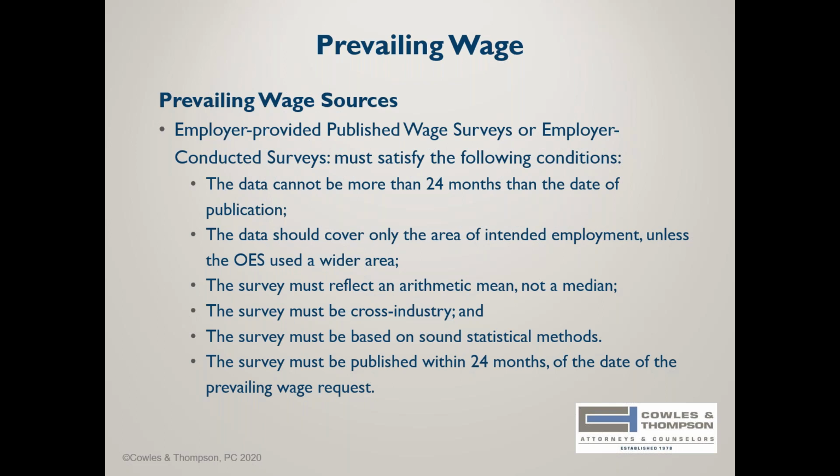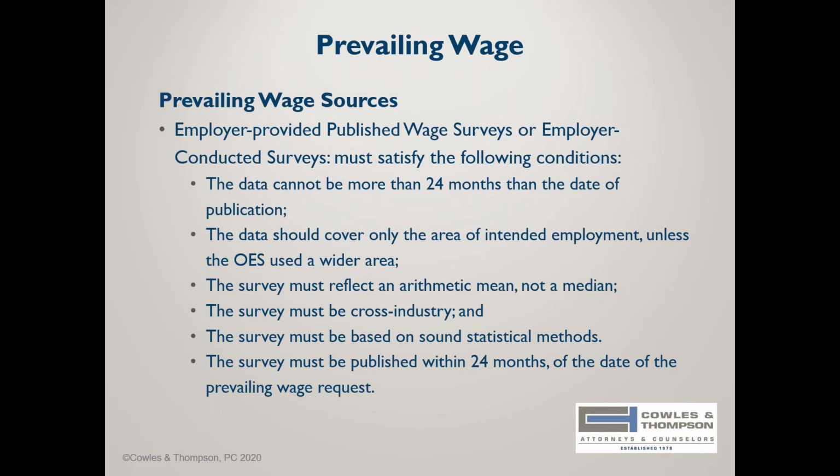Correct. What we've done in the past with big companies that we work with, and we know the prevailing wage might be an issue once the wage is changed. Because remember, the OES updates the prevailing wage levels every year by July 1st, the first week of July.